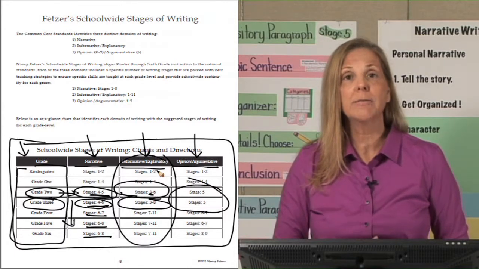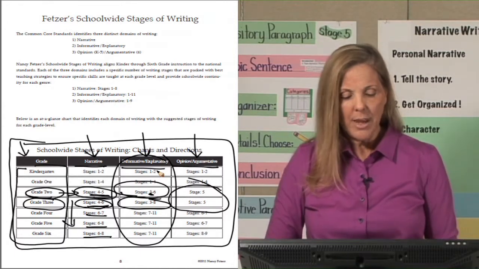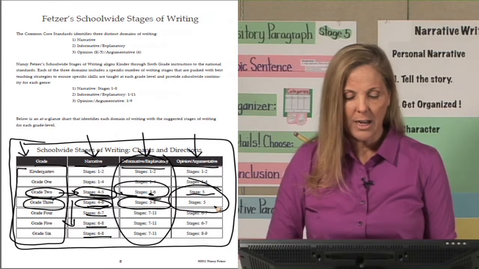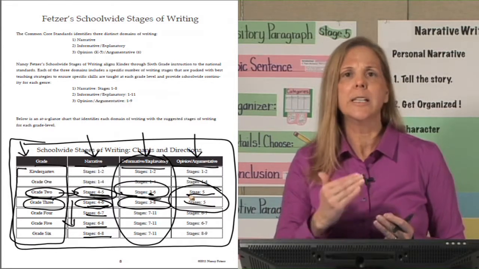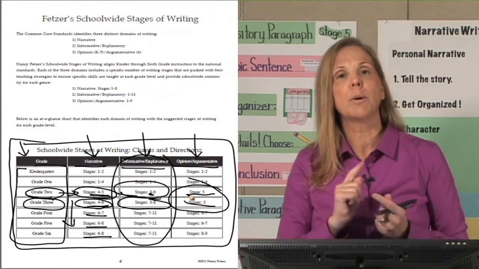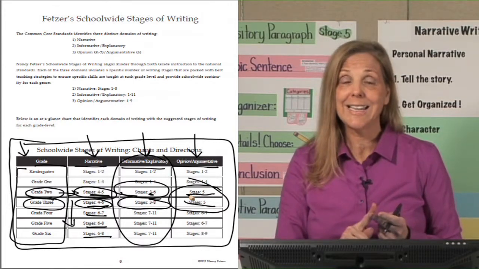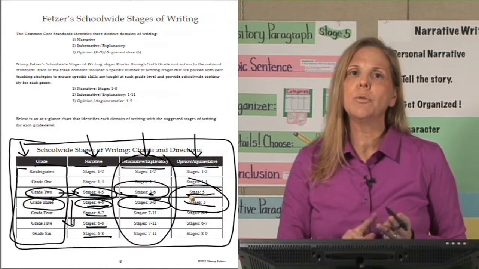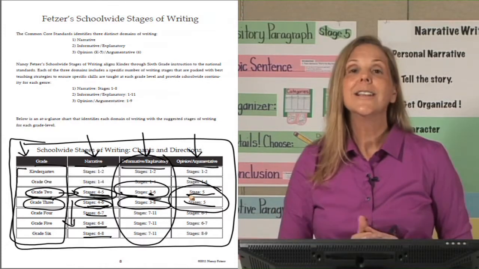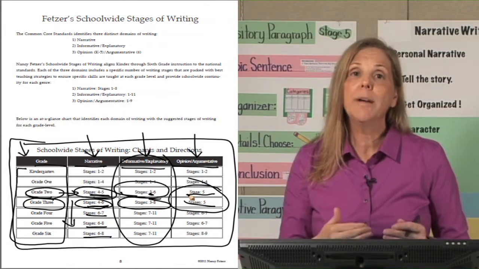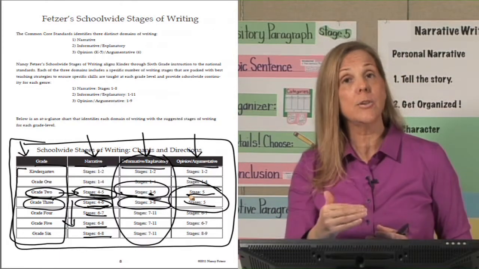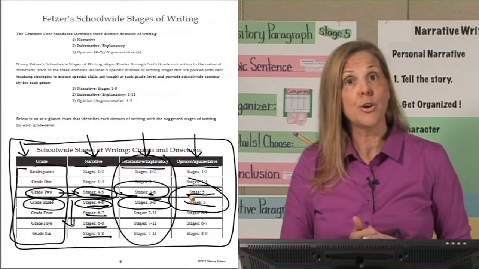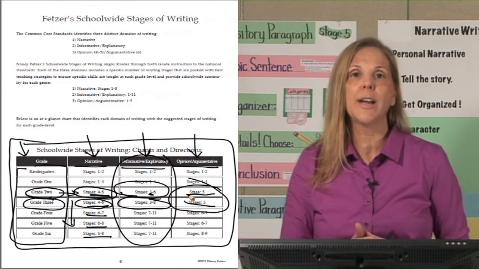Notice both grades have listed out stage 5. That's because in stage 5, you had the basic elements that you need to have in 2nd and 3rd grade. You need to provide an opinion, a reason, but 3rd grade, you also need to expand on that reason. Second and third grade, you have the same stage of writing because you'll have those basic elements that you need to address in order for you to master your standards for opinion writing.